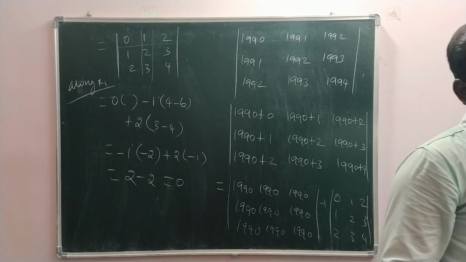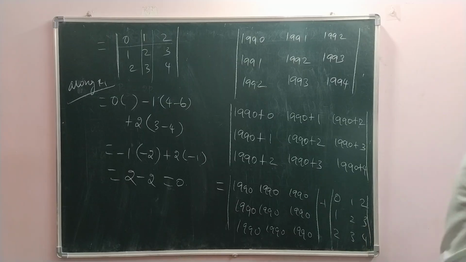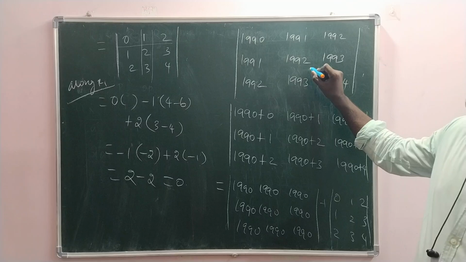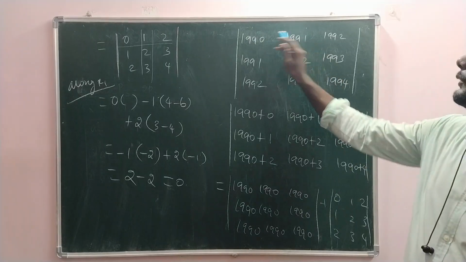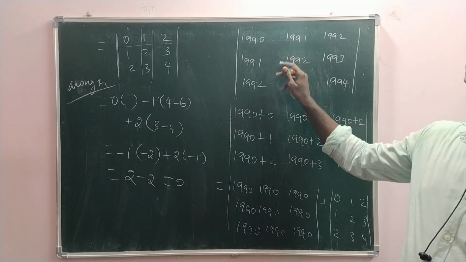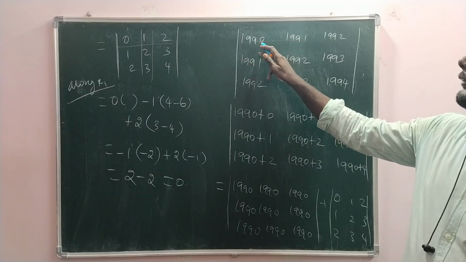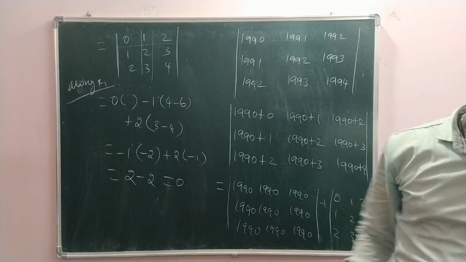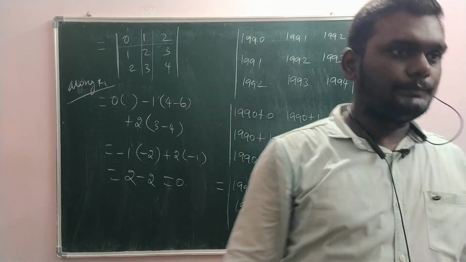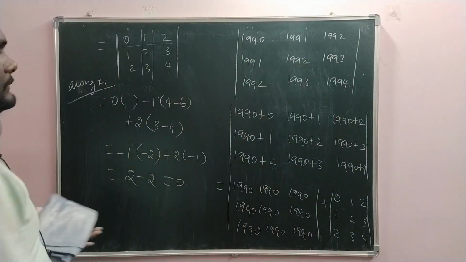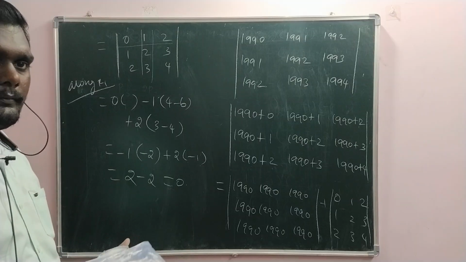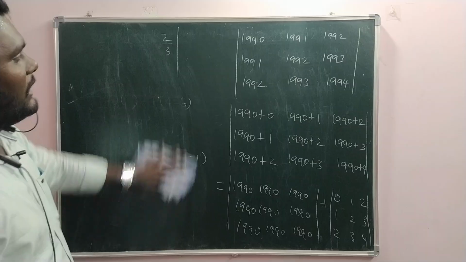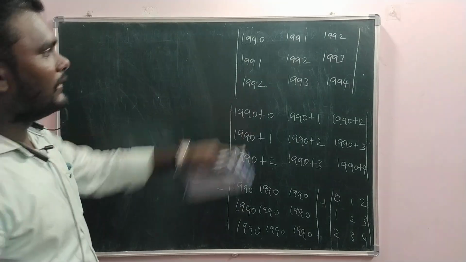Some other way also this can be done. From here we can apply the elementary row transformation. We can subtract these two rows. Shall I erase this? Now we apply the elementary row operations for this one.